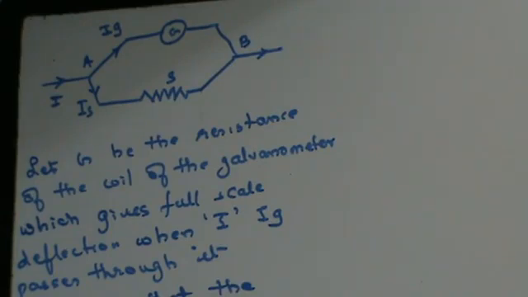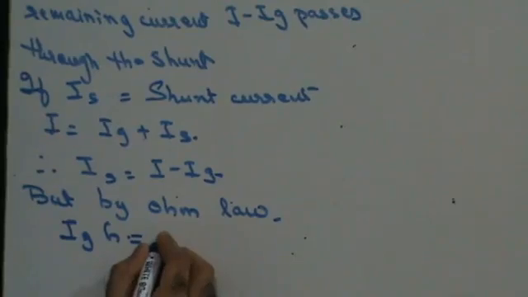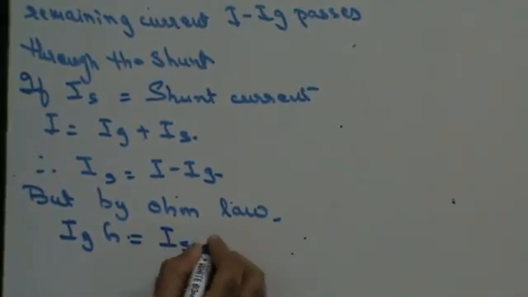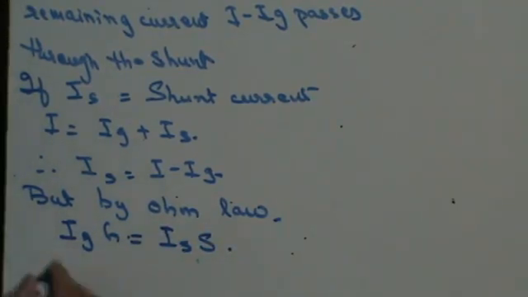Ohm's law says that potential difference is nothing but the product of current and resistance. That means I can say by Ohm's law that galvanometer current into resistance of galvanometer should be equal to shunt current into shunt resistance. Right? I can substitute the value here.